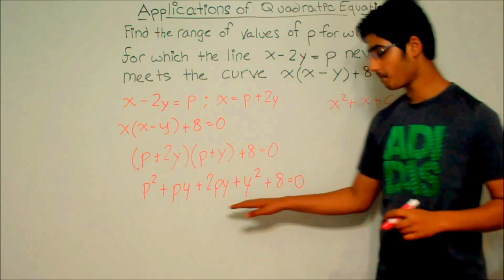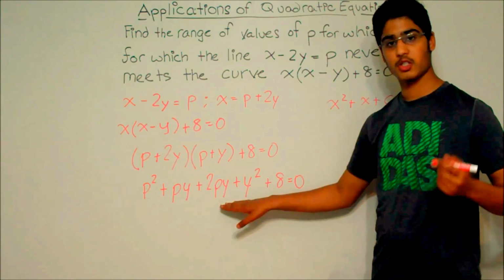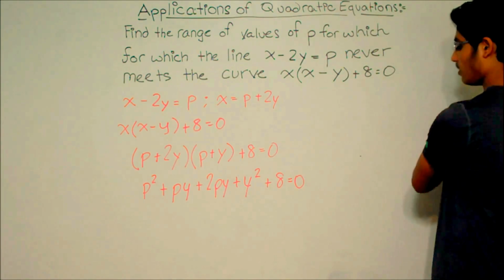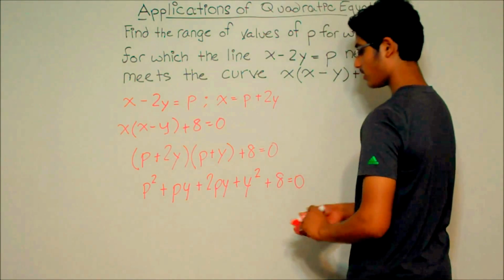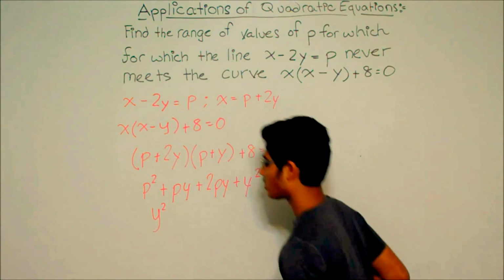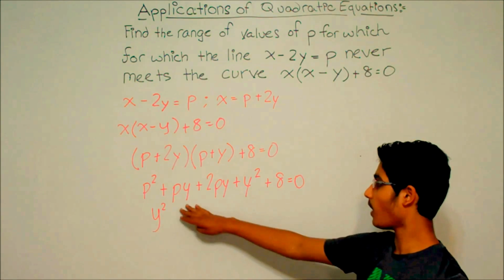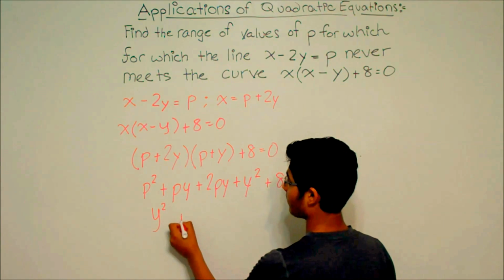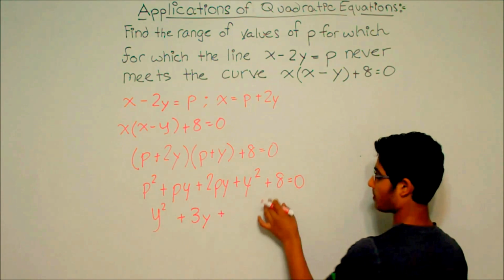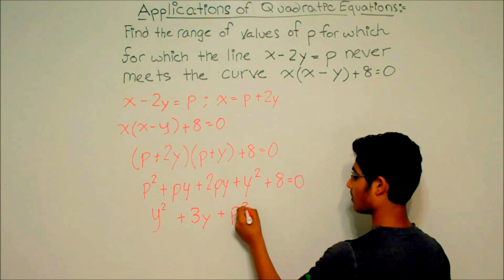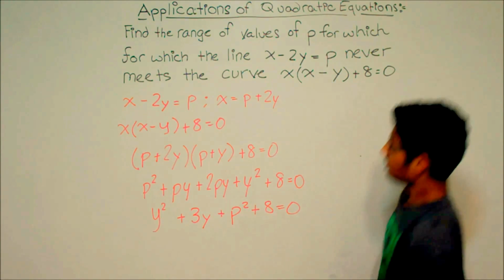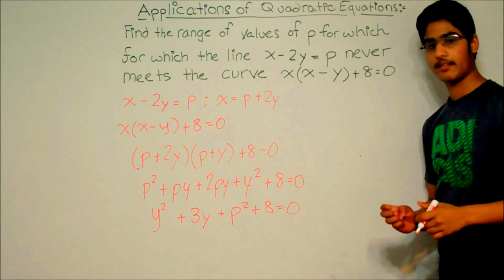However, y would be a variable that keeps changing along with the graph. So we put y squared first, plus the coefficient of y, so py plus 2py is plus 3py, plus the constant term, which is p squared plus 8, equals 0.